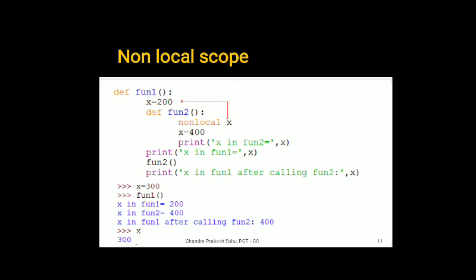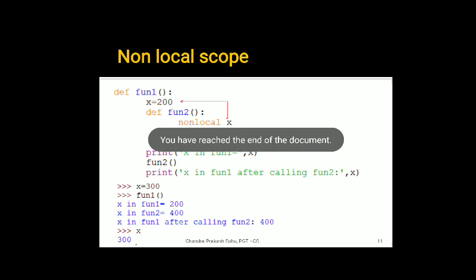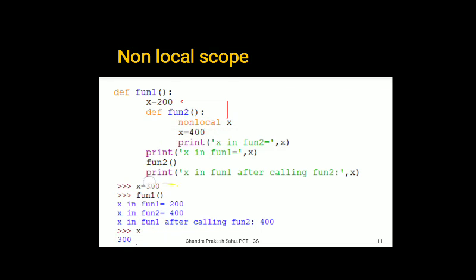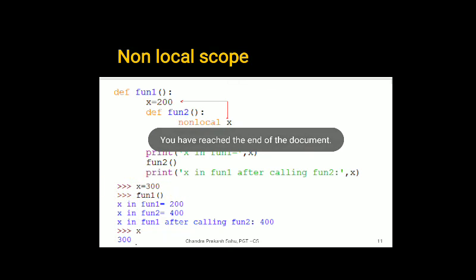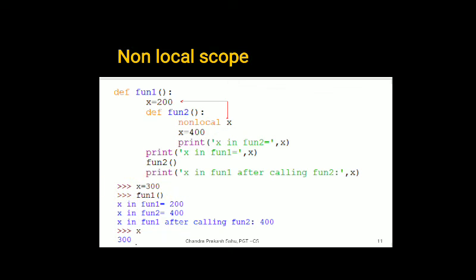But after execution of this function, the x that was inside fun1 does not appear outside this function. That means when you type x in the console, you will get the value 300. That is actually the global variable that you declared before calling the function fun1.